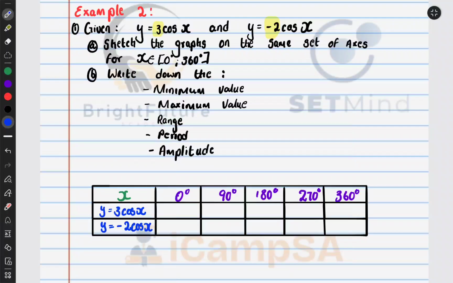So for 3 cos x, where x is 0, we have 3, where x is 90, we have 0, where x is 180, we have negative 3, where x is 270, we have 0, where x is 360, we have 3.